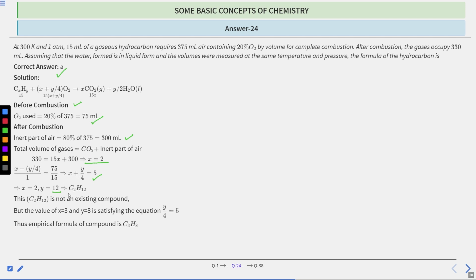So it is making the formula C2H12. This C2H12 is not an existing compound, but the value of x equals 3 and y equals 8 is satisfying the equation x plus y by 4 equals 5. That's why the formula of the compound will be C3H8. Hence option A will be correct.